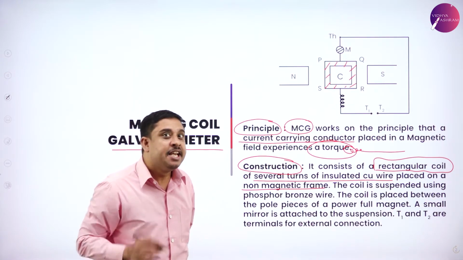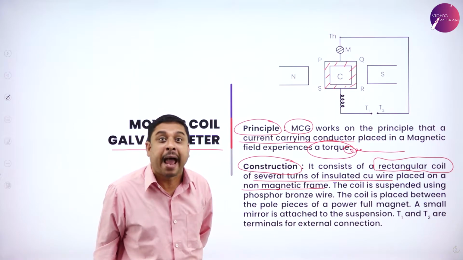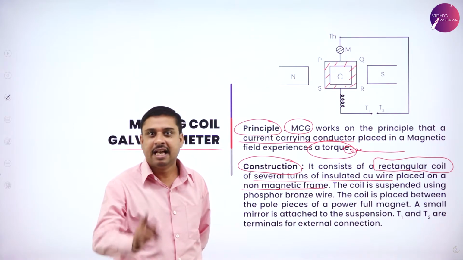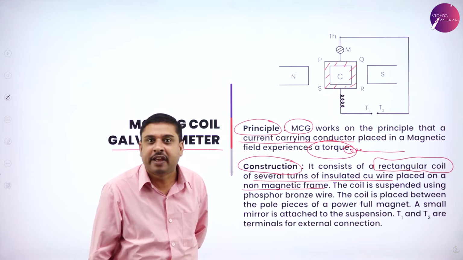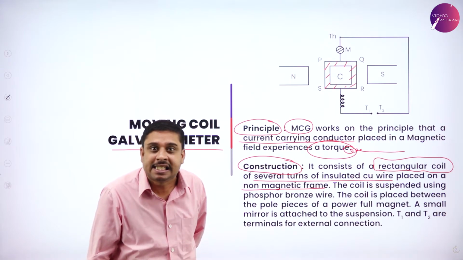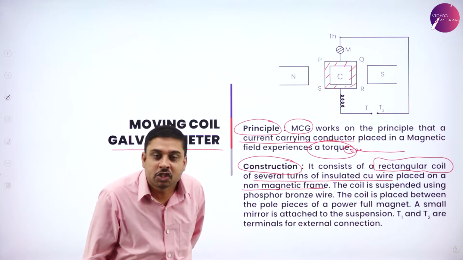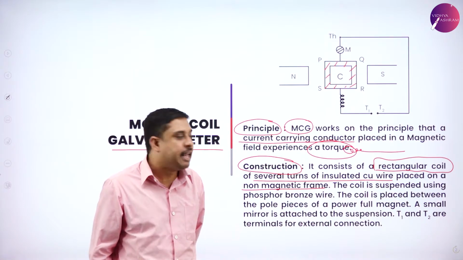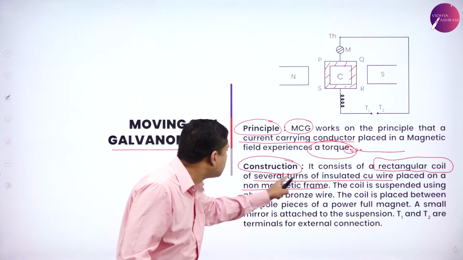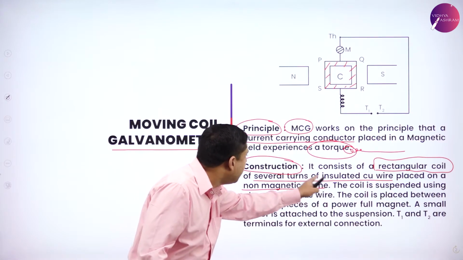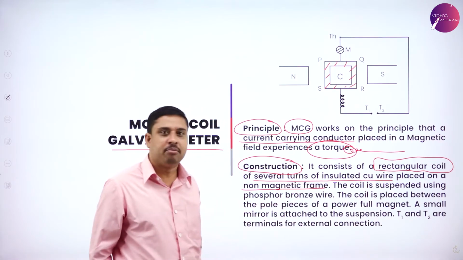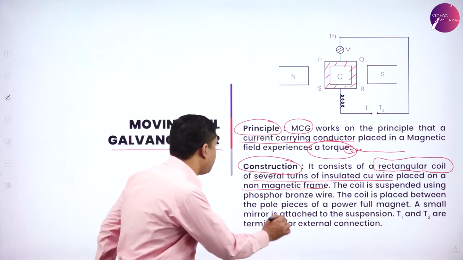What happens if it is placed on a magnetic frame? Earth's magnetic field may disturb the deflections of the coil. Therefore, it is placed on a non-magnetic frame.